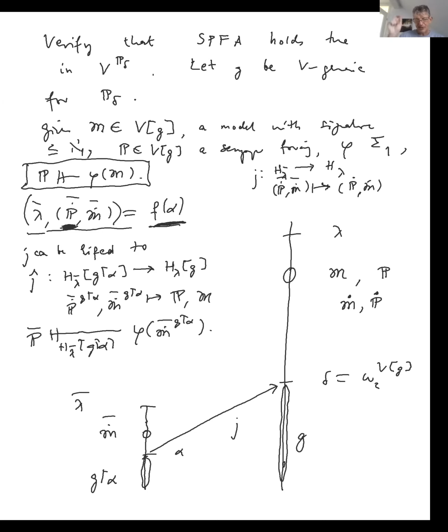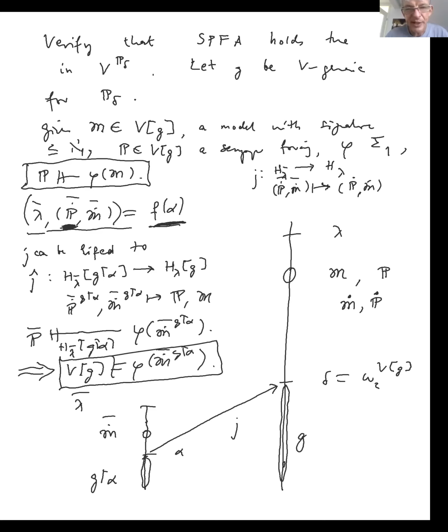Okay, but P bar is the forcing which we use at stage alpha, right? So what we can say is that H lambda bar adjoint G restricted to alpha plus 1 forces the sigma 1 statement. But it's a sigma 1 statement, so once it's true, it stays true forever. And it's also upward absolute. So from all this, because we forced with P bar at stage alpha, we can conclude that in V of G, phi of M dot bar interpreted by G restricted to alpha holds true.